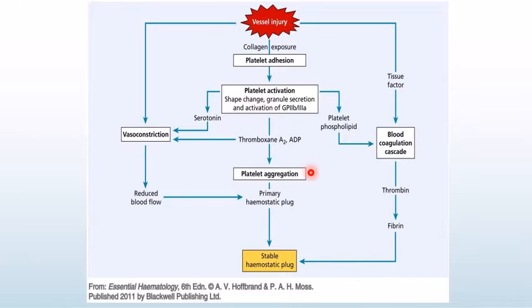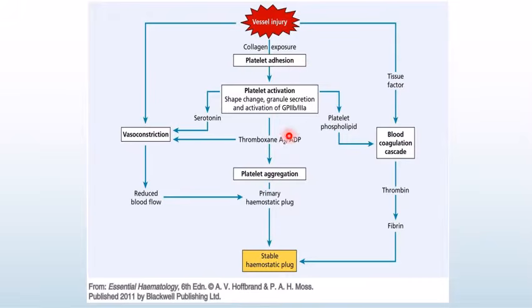What is platelet aggregation? More platelets from the circulation come and attach to the adhered platelets, forming what is called the primary hemostatic plug. So platelets functionally have three phases: platelet adhesion, then platelet activation, and later on platelet aggregation.